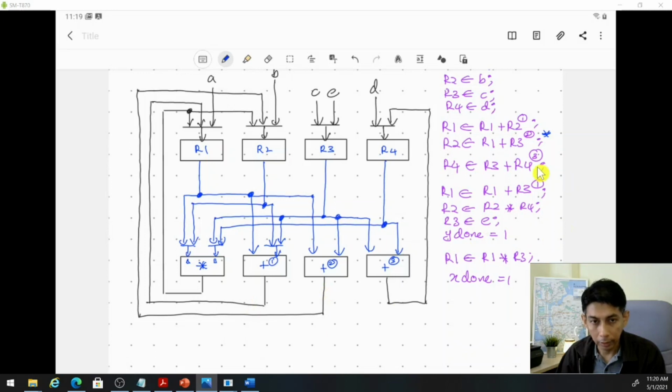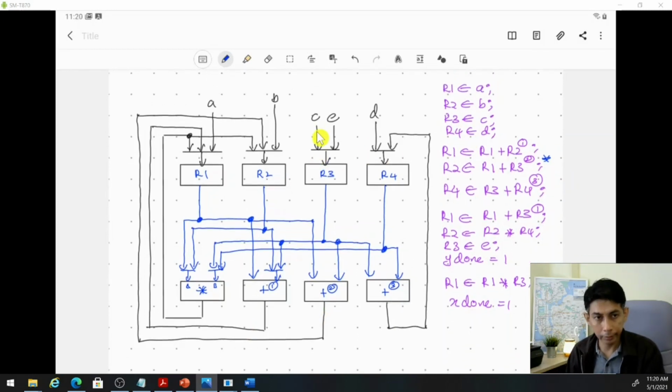So this is our data path unit, DU. And of course you need to have the signals here, for the select signal.